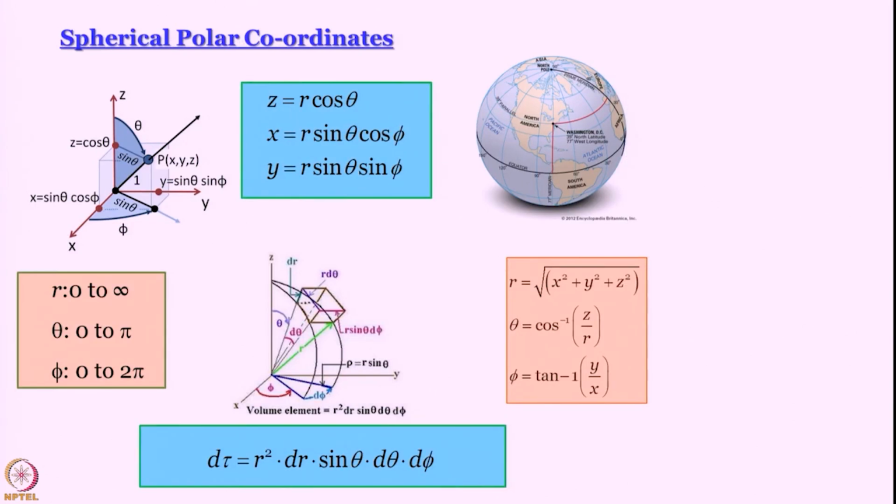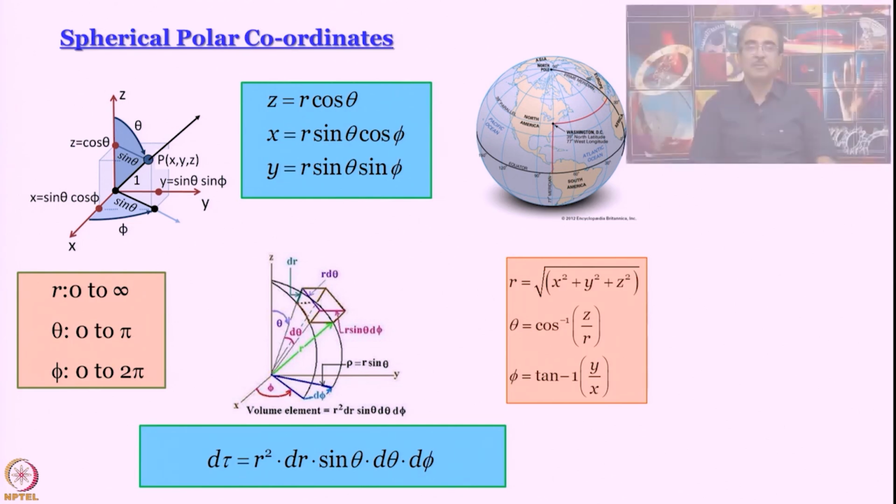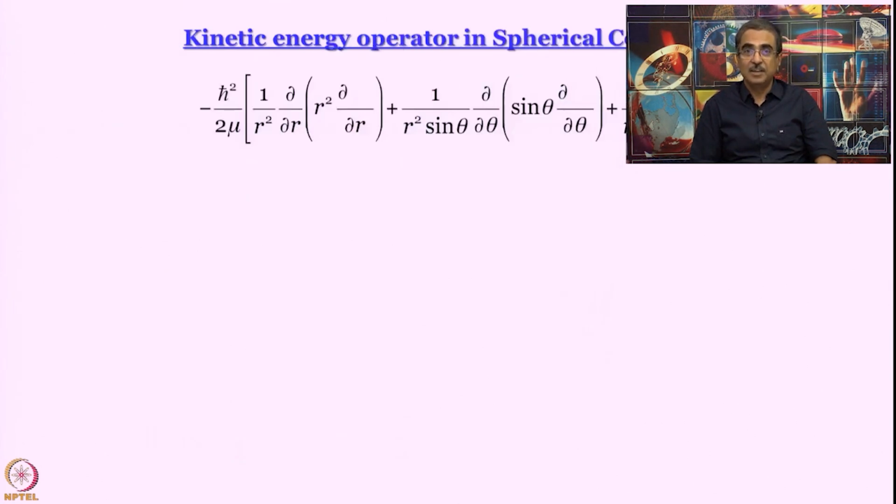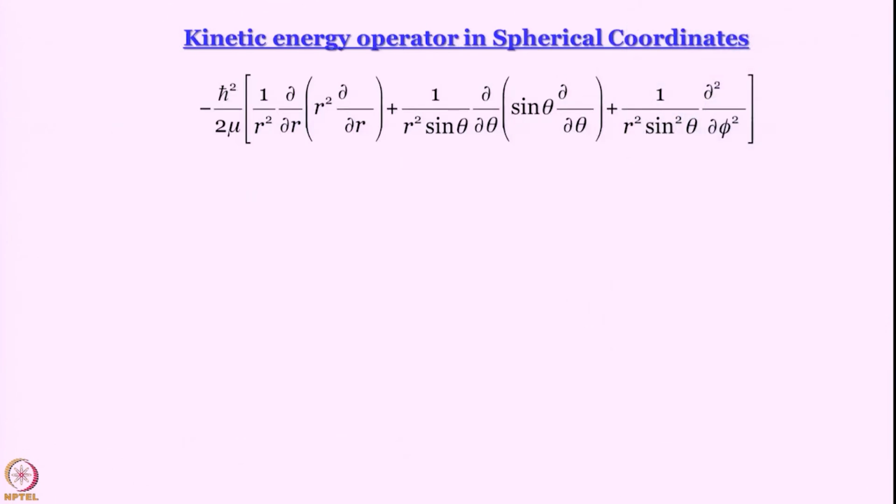I will not repeat all these relations and the expression for the volume element, because we have discussed them already. Suffice to say that we need to now reformulate the problem in terms of spherical polar coordinates, easier said than done. I have removed all these slides. Usually in my regular classes we have a lot of fun showing 13 slides that we are not going to discuss.